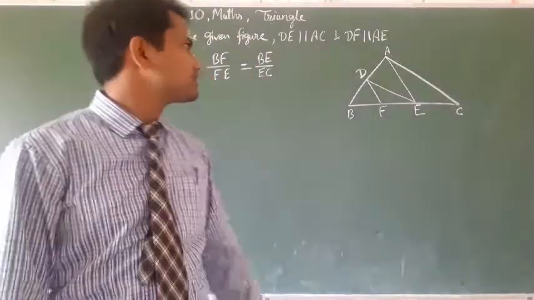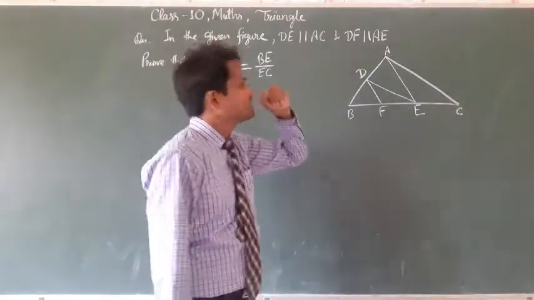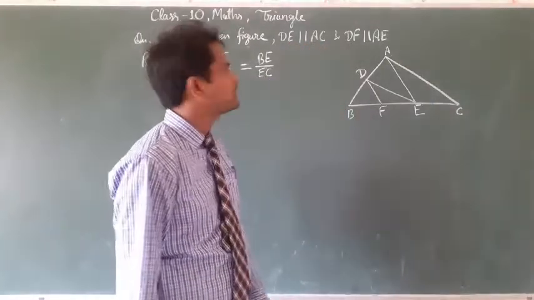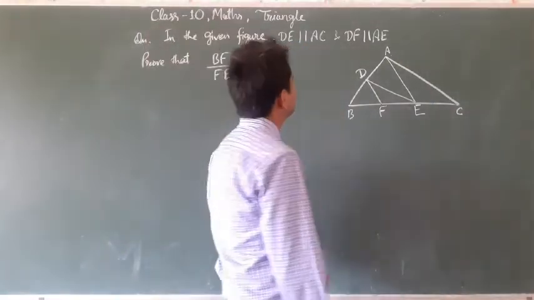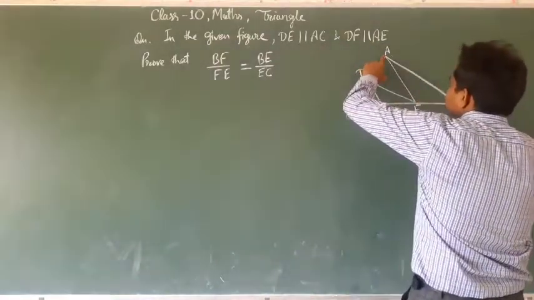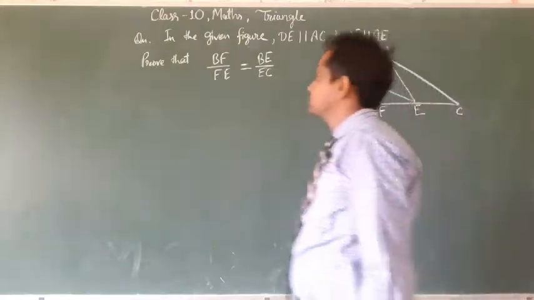So observe this figure and search in which triangle DE parallel to AC lies. So here DE is parallel to AC in triangle ABC.